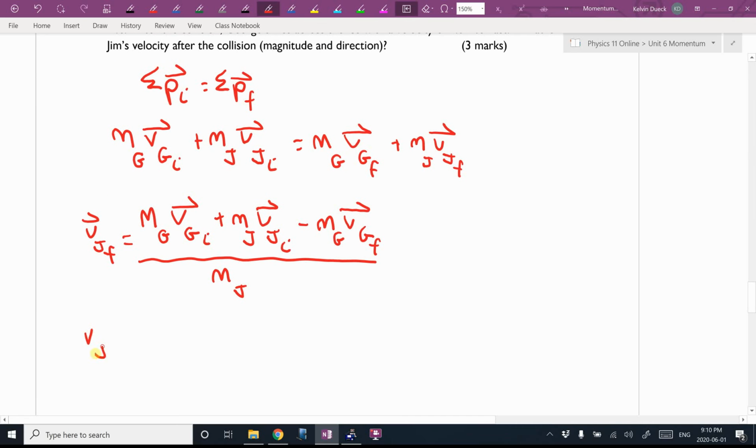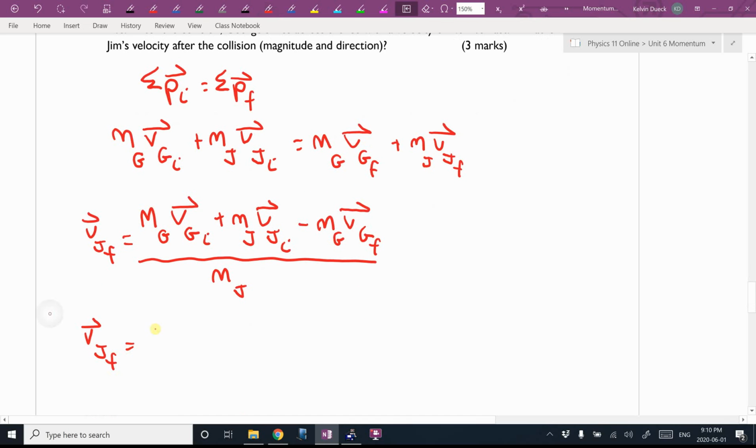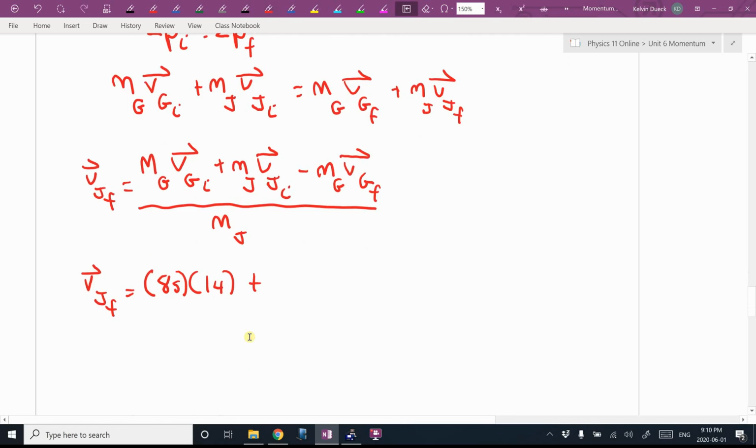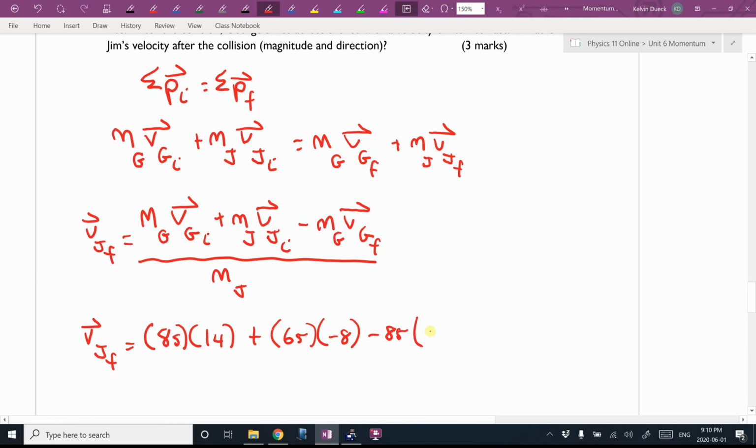So we're going to get 85 times 14 plus 65 times negative 8 minus 85 times 4, all divided by 65.